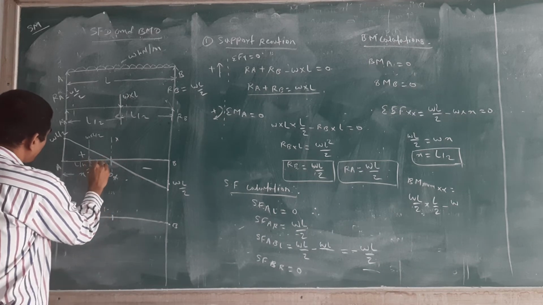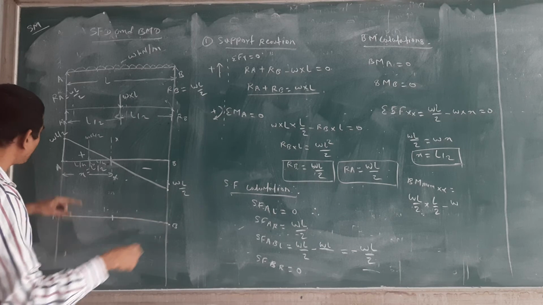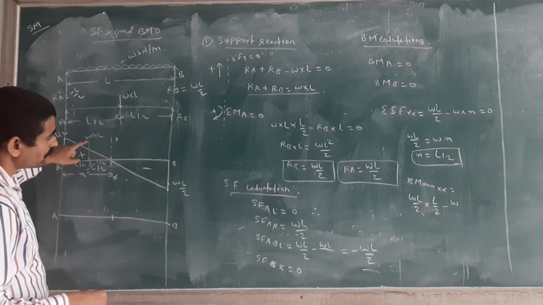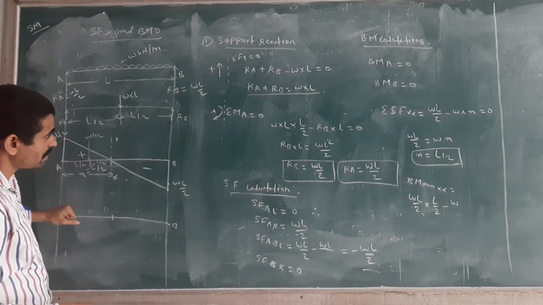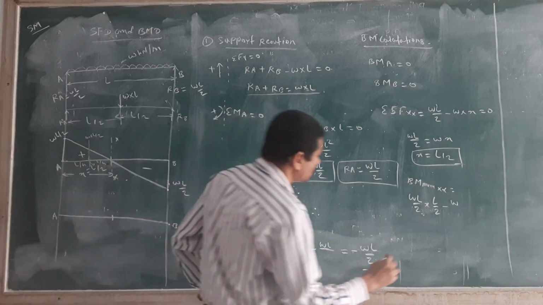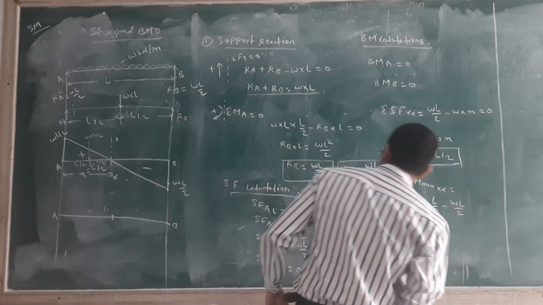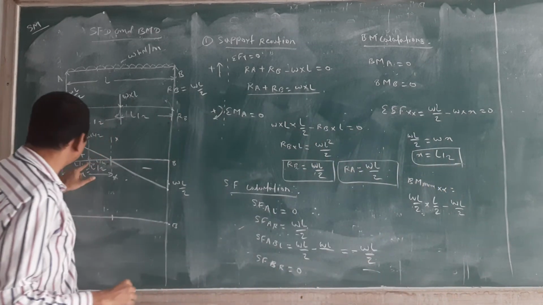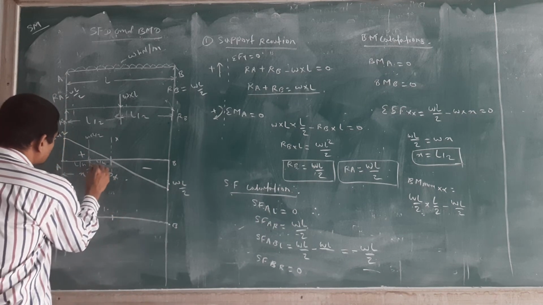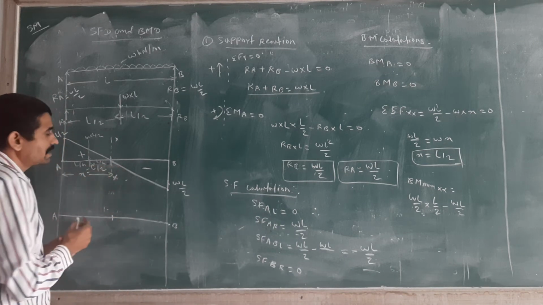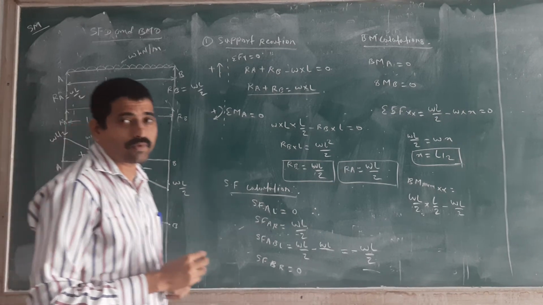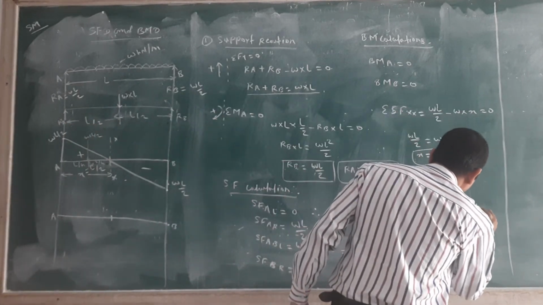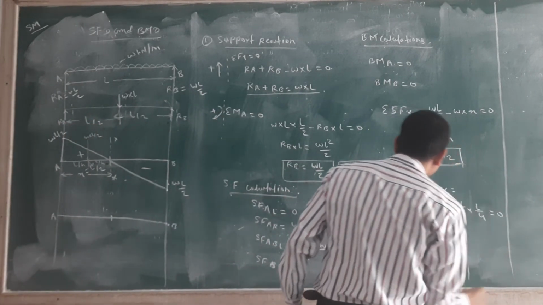This is going anti-clockwise, that's why minus W into L by 2, into this distance up to X, which is L by 4, equal to 0.